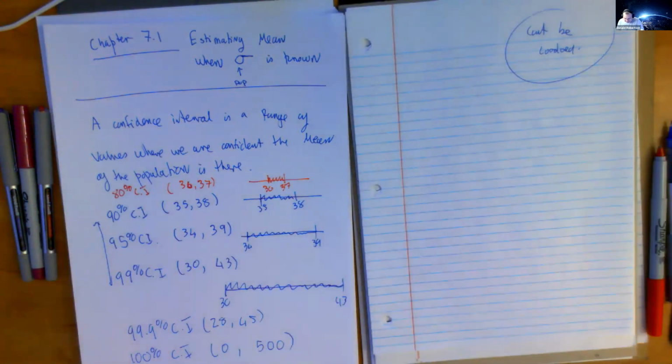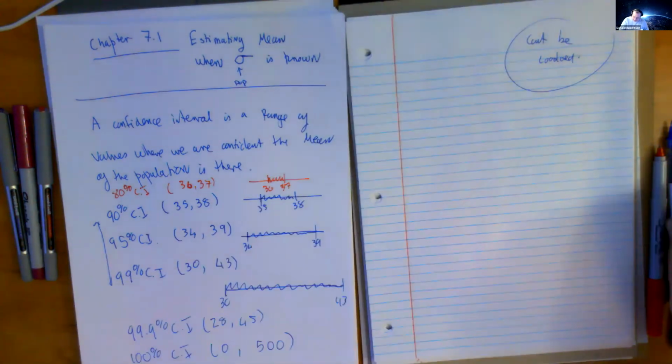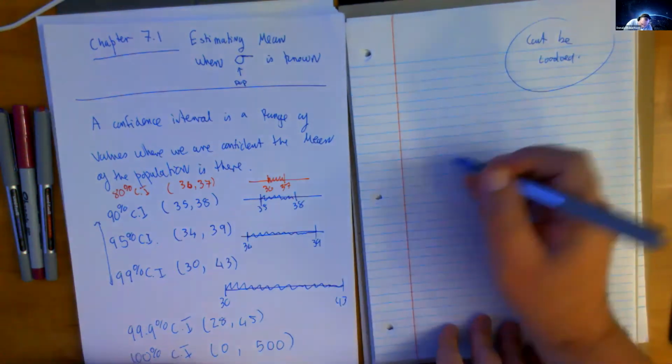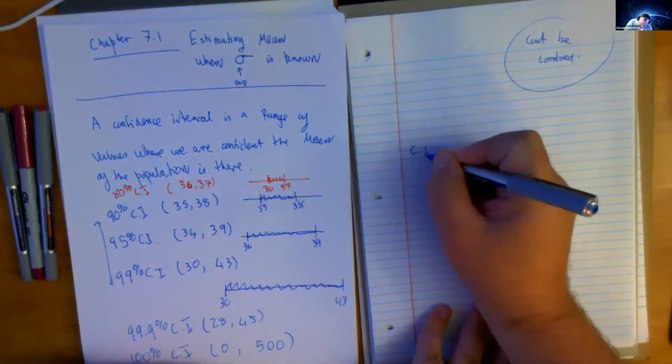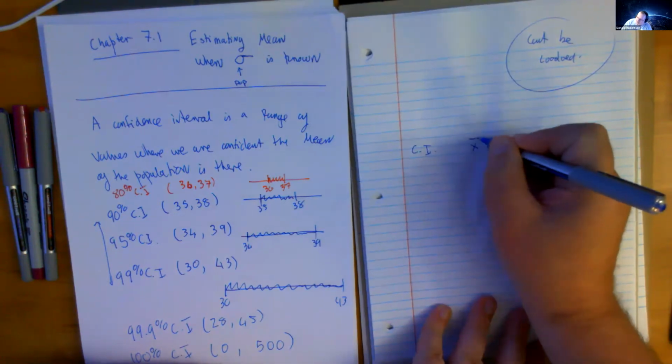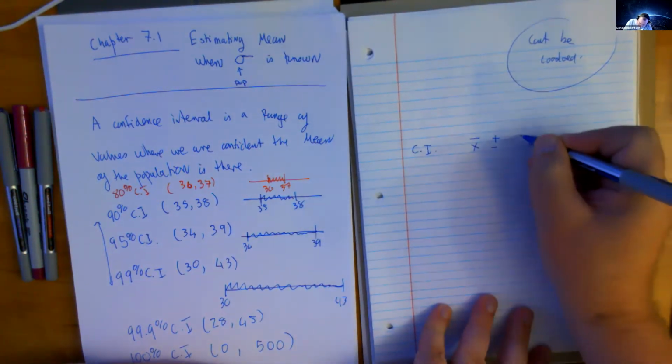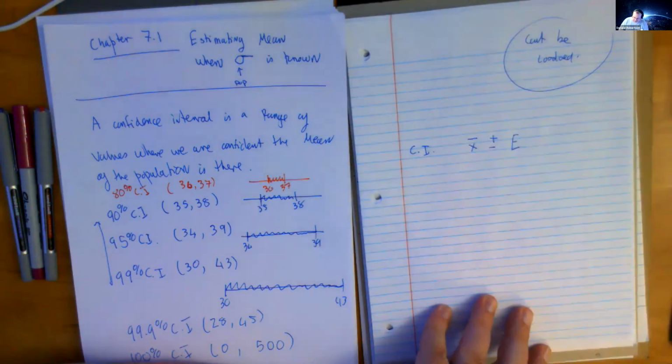So how do we calculate those things? Well, there is a formula for it, which I'm going to show you. And then I'm going to show you that the calculator does it quite nicely. Right. The formula for calculating a confidence interval is the mean of the sample plus or minus the margin of error.